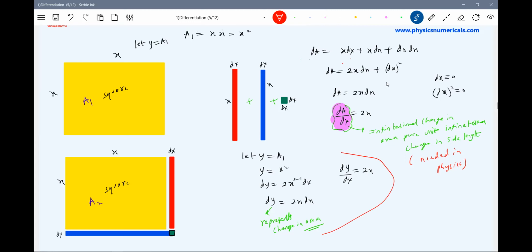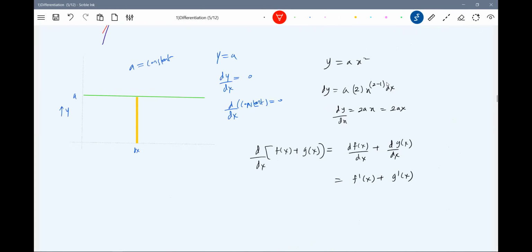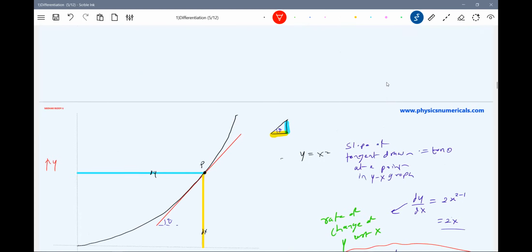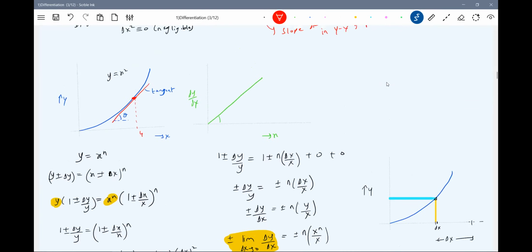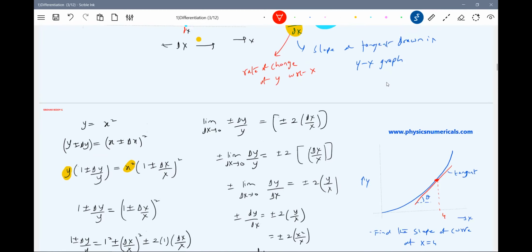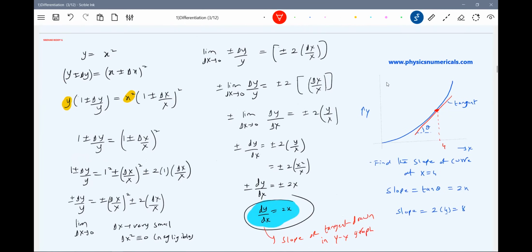The earlier approach was mathematical solving and coordinate geometry.